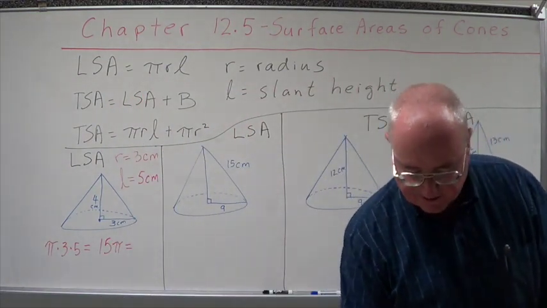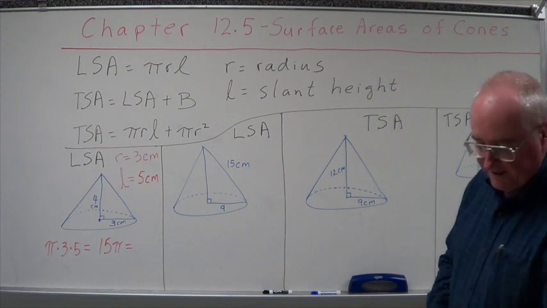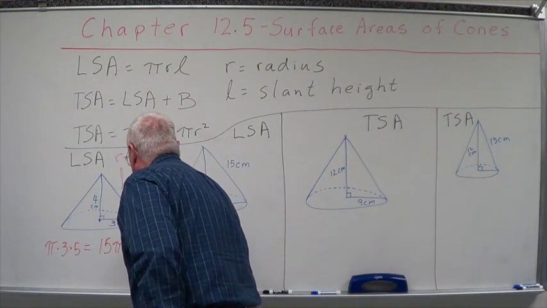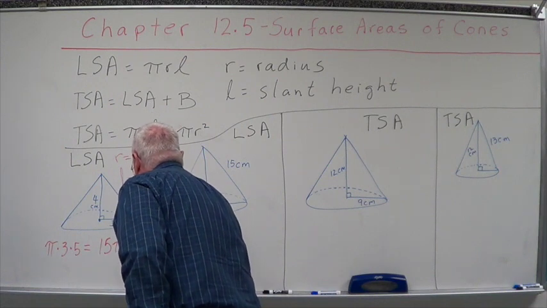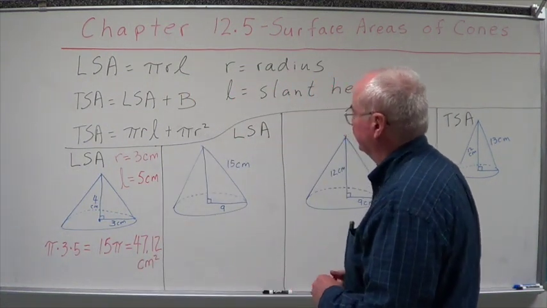It's going to be 45 something. So 15 times pi times 47.12 equals 47.12 centimeters squared. Okay? So that's our lateral surface area for that one.